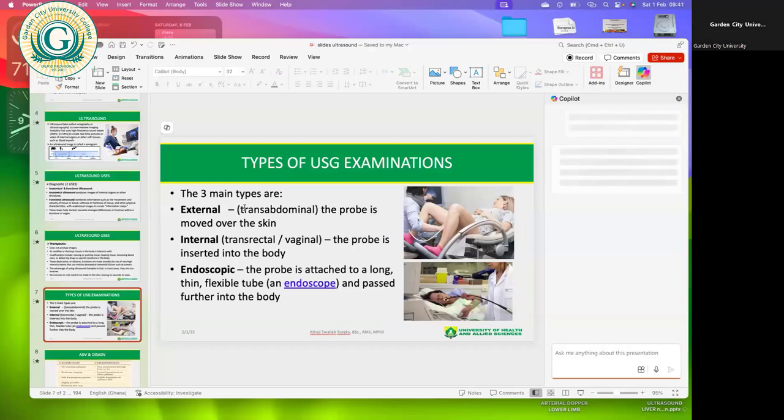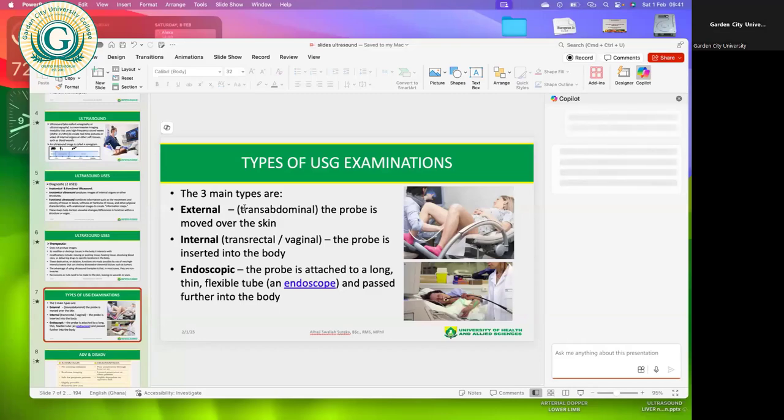A typical example is the transvaginal examination, where we put a part of the probe into the body and manipulate it externally. Like I said, a typical example is a transvaginal examination or a transrectal examination, usually done for men to visualize their prostate.